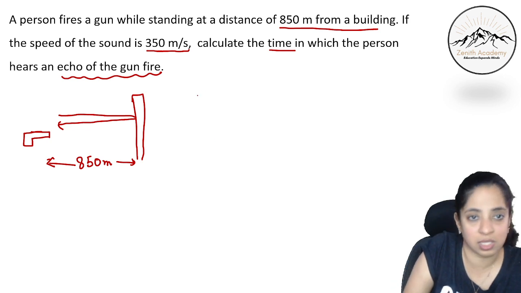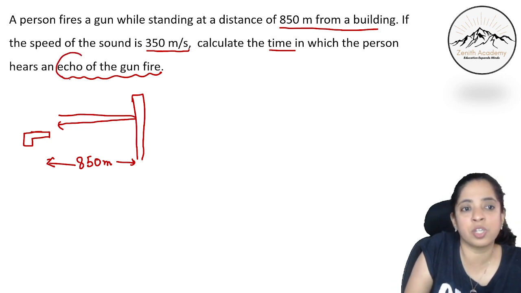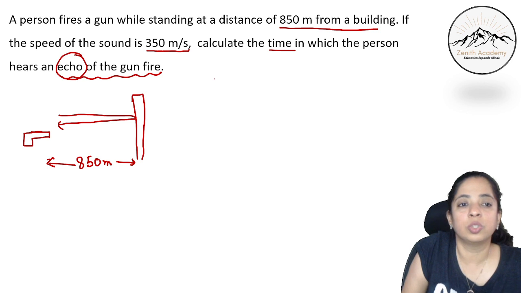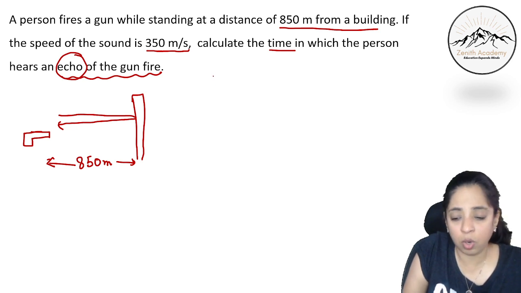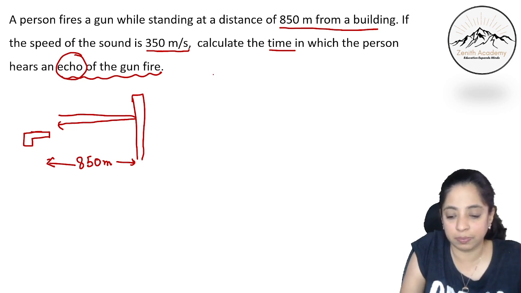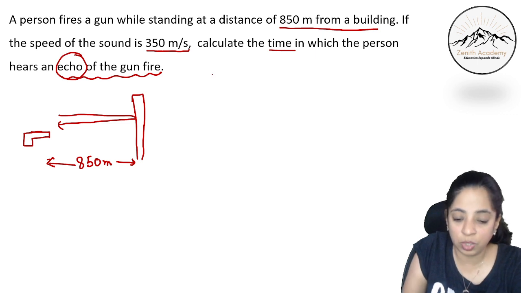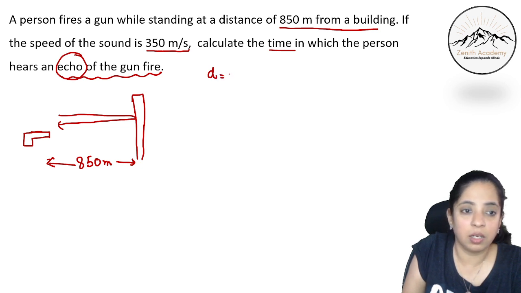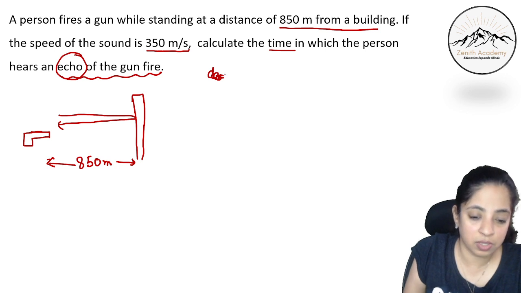That time is asked. So definitely it's a question of echo. So for echo we know what will be the time. The distance will be 2d, the velocity will be v. So what will be the formula of time? See, d is, sorry, a person fires a gun.